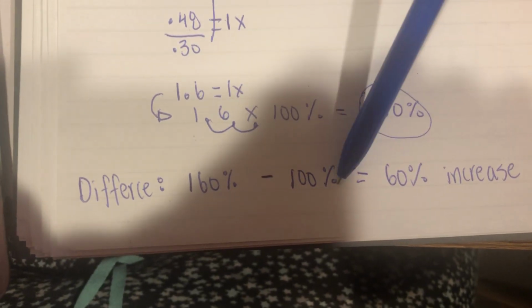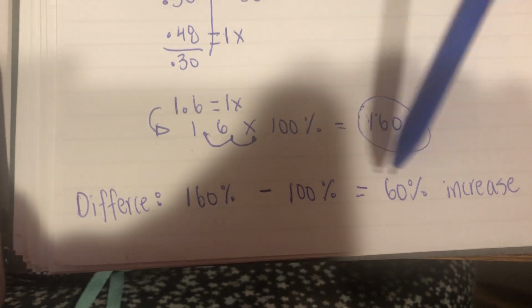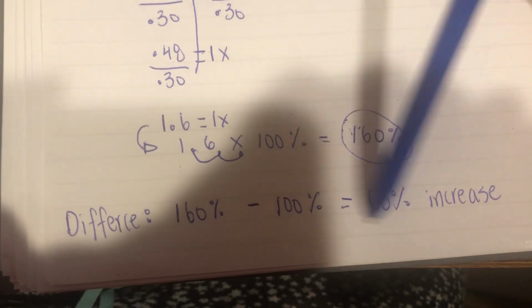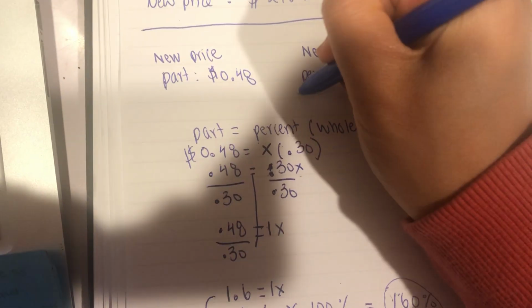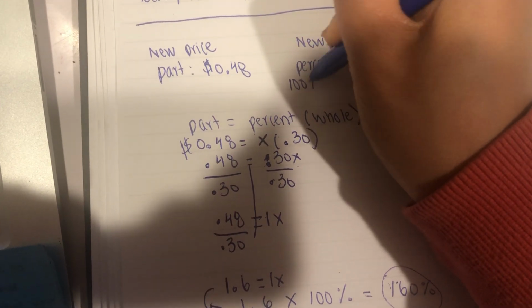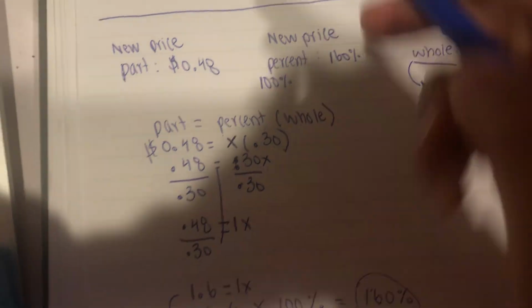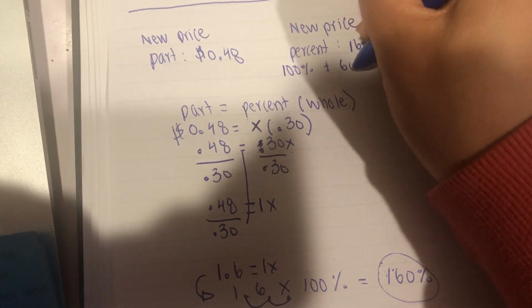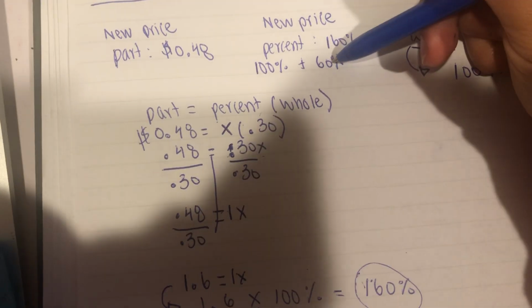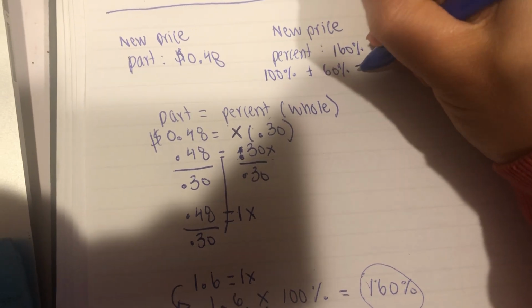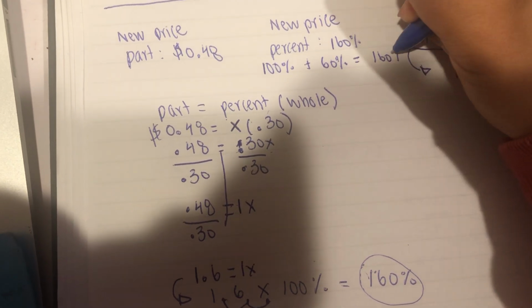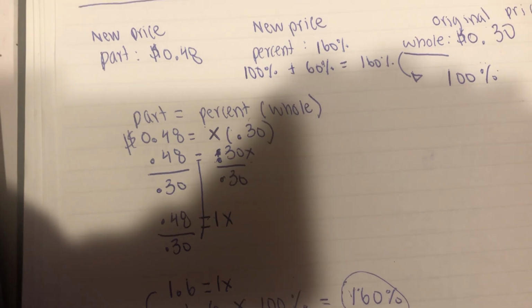And so what we did was we found the difference between them, 160% minus 100%, which means the markup was a 60% increase, right? So here, the new price is represented by the whole, 100%, plus the markup, which was 60%, which means the final price represents 160%.